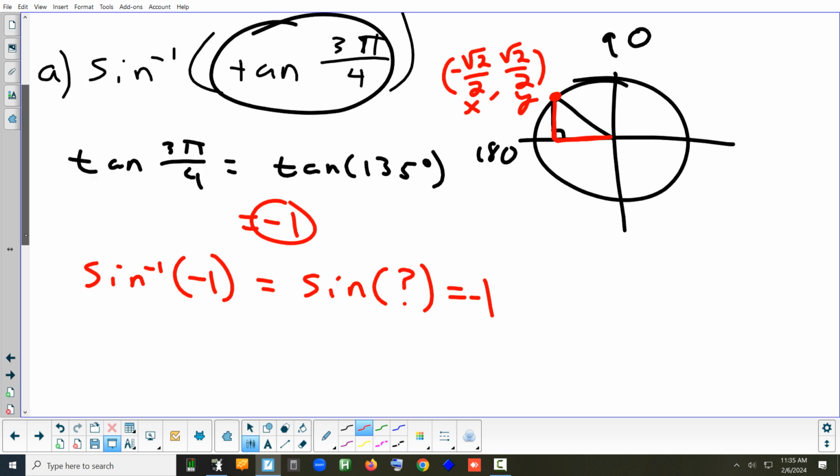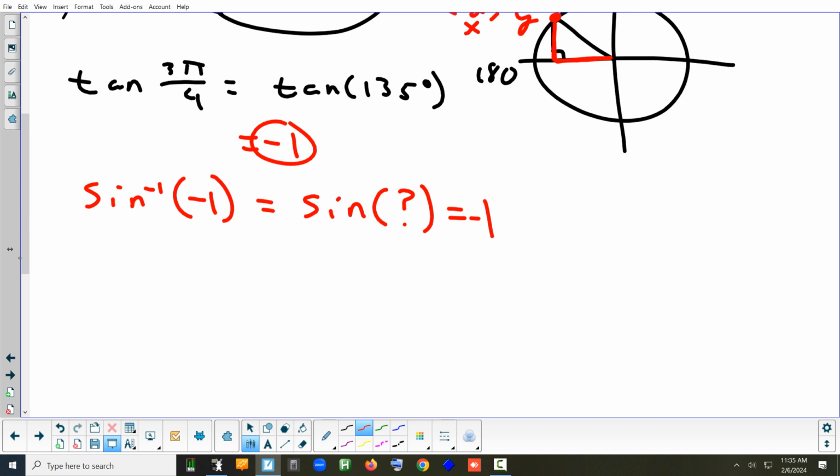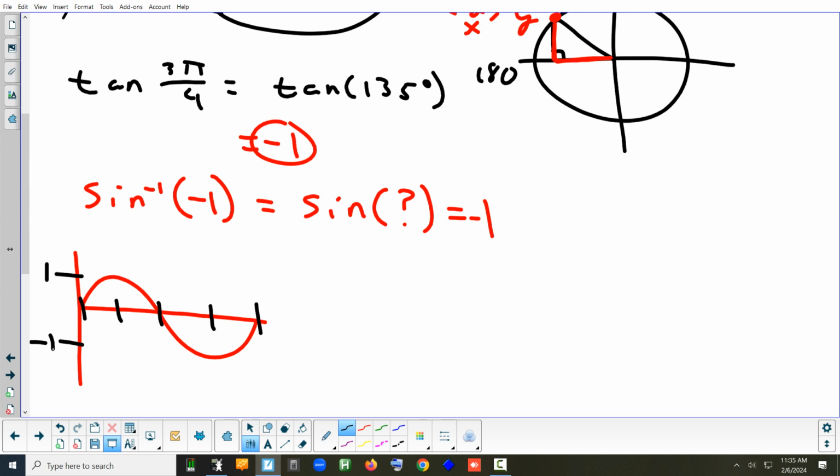The easiest way I think to think about it without a calculator is draw it. Draw your graph of sine. Here are your quarter points. Where does the graph of sine hit negative 1? If you know where it hits negative 1, you just have to tell me what the angle would be on the x-axis.